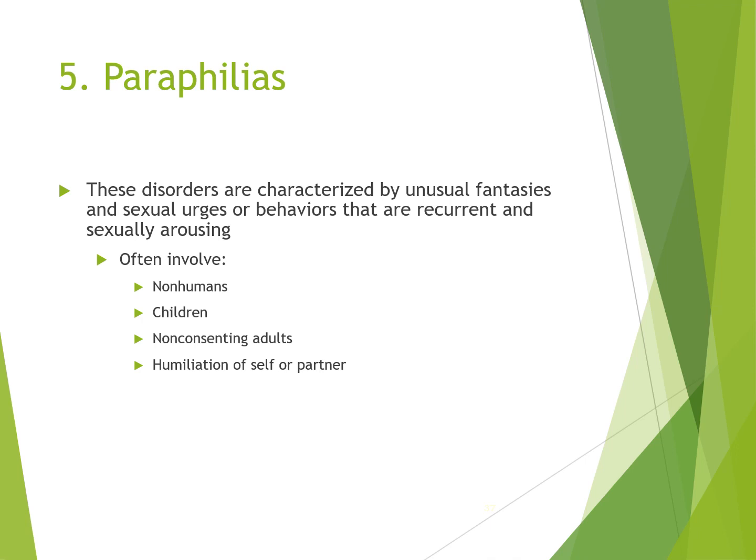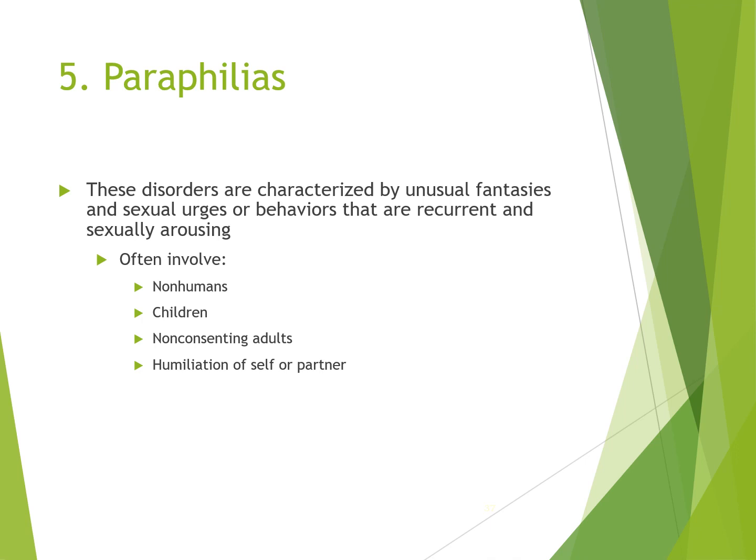Another category, not necessarily dysfunction but disorders, we call paraphilias. Paraphilias are usually whereby people who seek help from us have unusual fantasies for non-humans, for children, for non-consenting adults, or humiliating themselves or others.